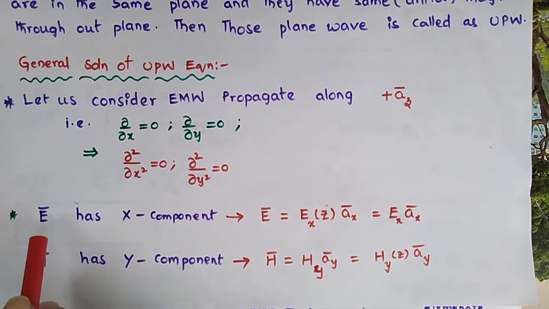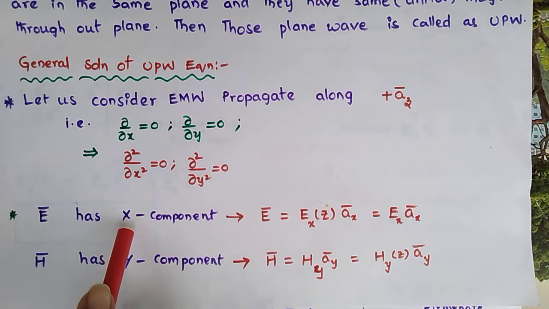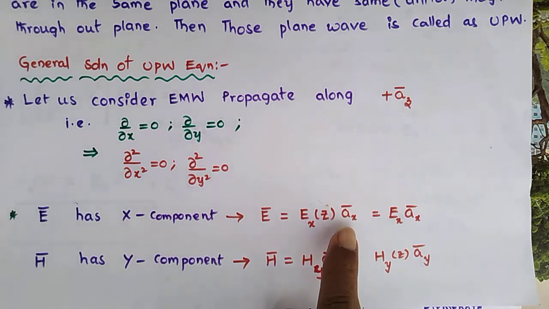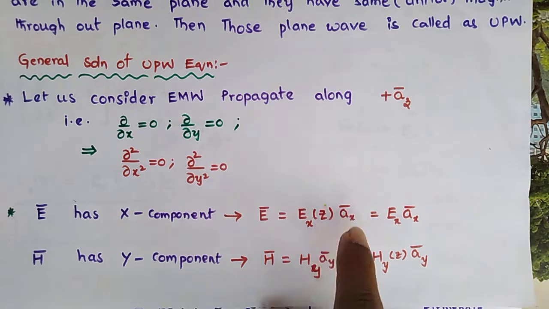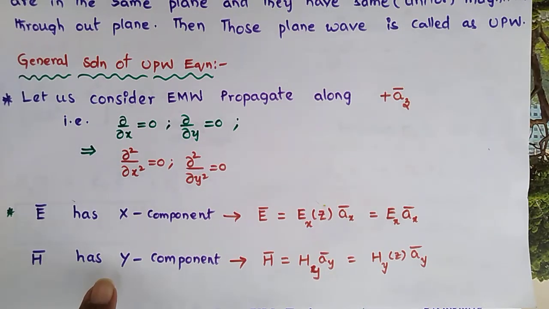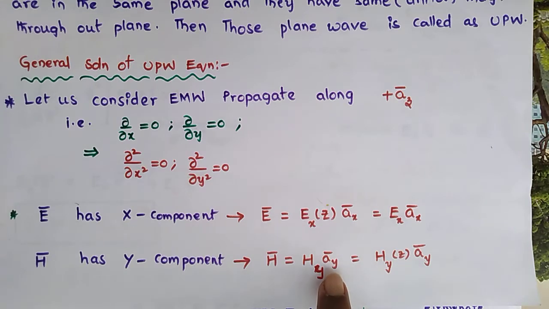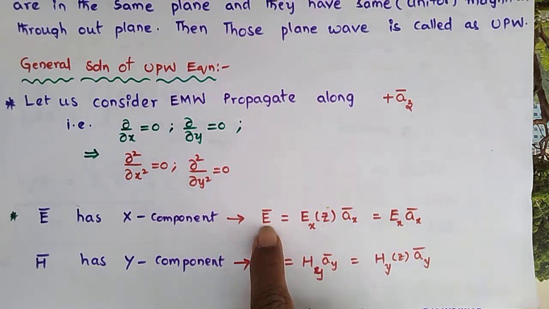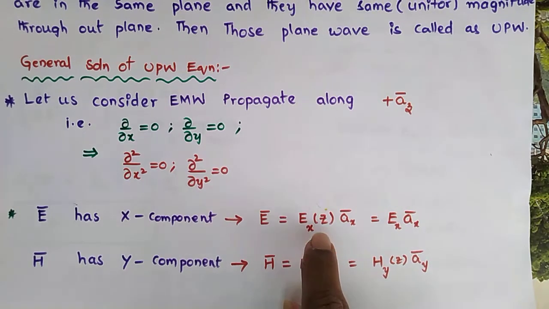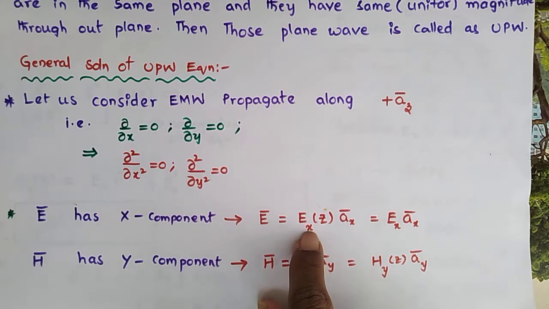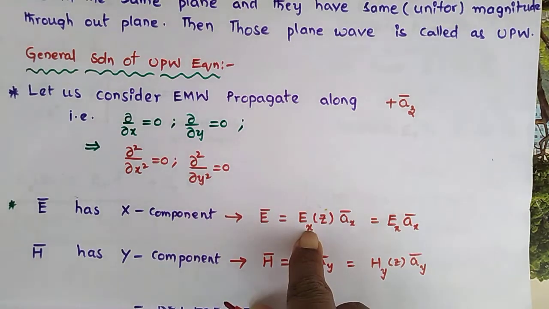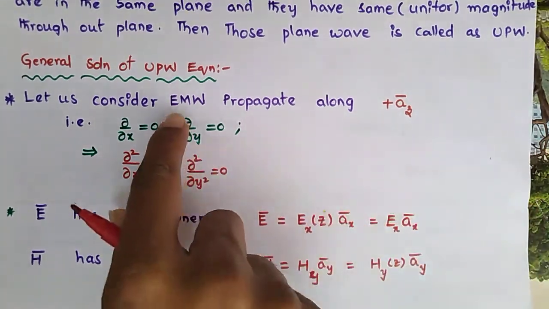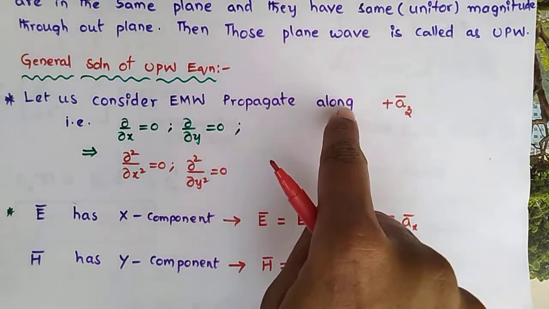This electric field has only an x component, so that's why I am taking ax. This magnetic field is in the direction of y, so it will have the y component, so I am taking ay. And the electric field magnitude I am taking is Ex of z, nothing but this magnitude is a function of z. Why? Because my wave propagates along the z direction.